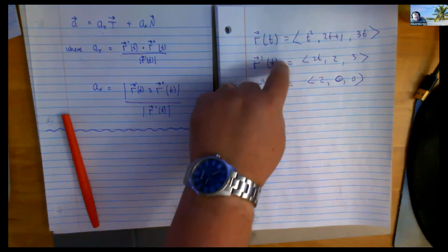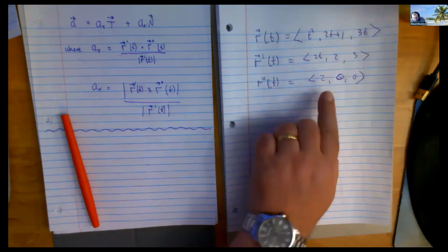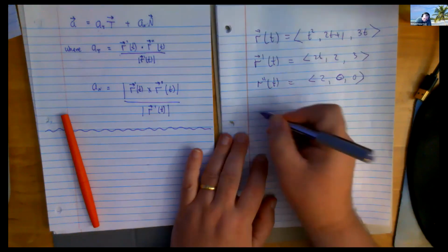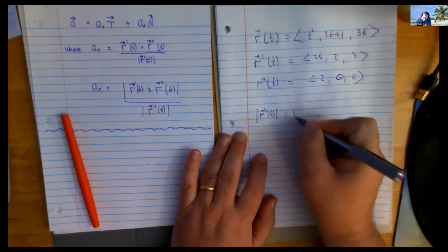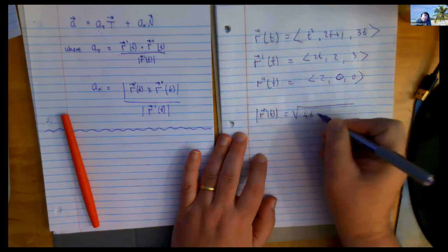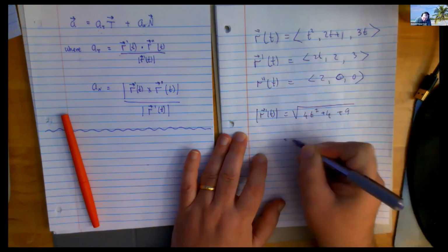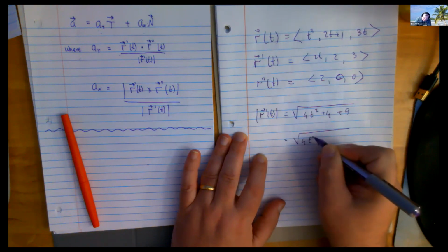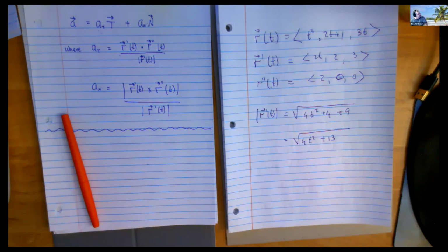So the dot product of those would go here. The magnitude, oh, by the way, can you see that the magnitude of this vector would be 4t squared plus 4 plus 9. What would that be? It would be 4t squared plus 13, right? So you see that that actually will exist as a function of t.